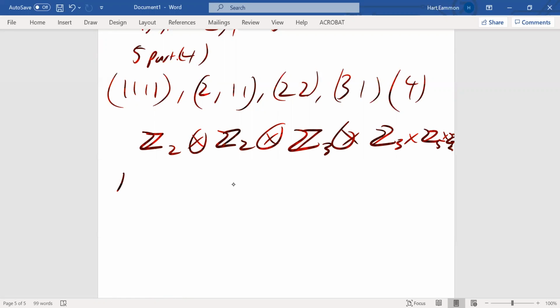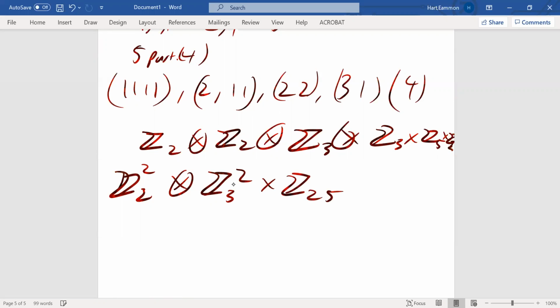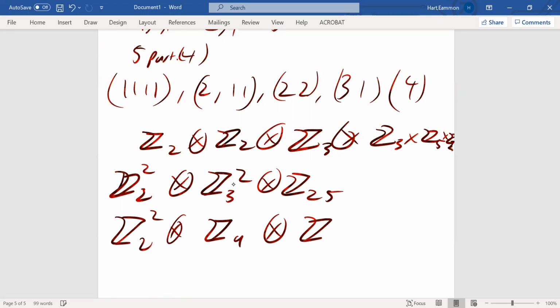We can have Z2 squared, I'm just going to write these as squared to save time, cross Z25. So Z2 squared cross Z9 cross Z5 squared, Z2 squared cross Z9 cross Z25.